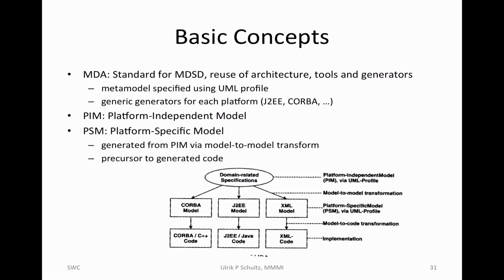We then differentiate between different kinds of models. Platform independent models, so this is where we're still working with things in a very general way. A state machine would be an example of a platform independent model, and then we might have a platform specific model that we generate from the platform independent model by doing model-to-model transforms. We could also have other models in between.